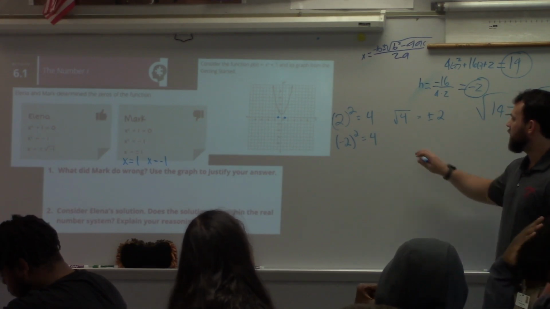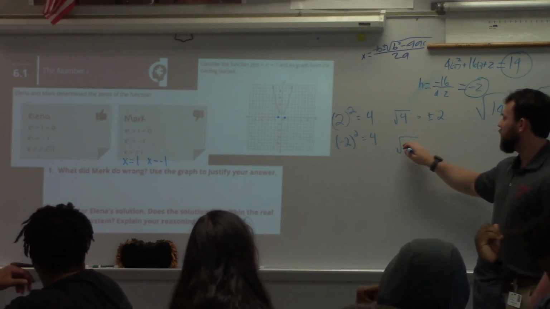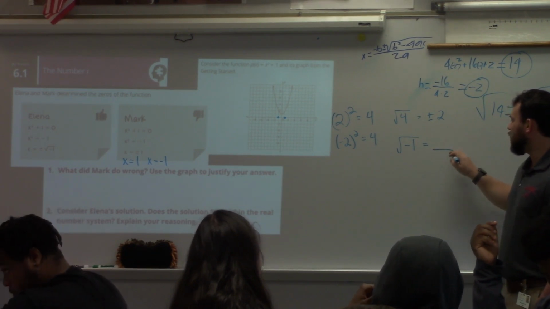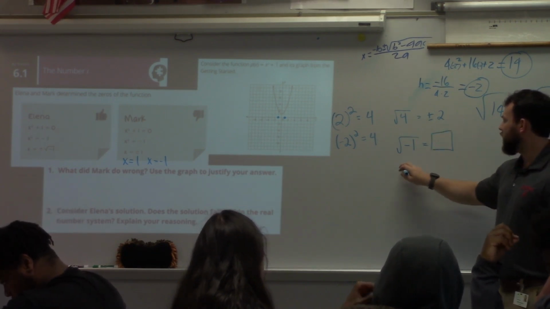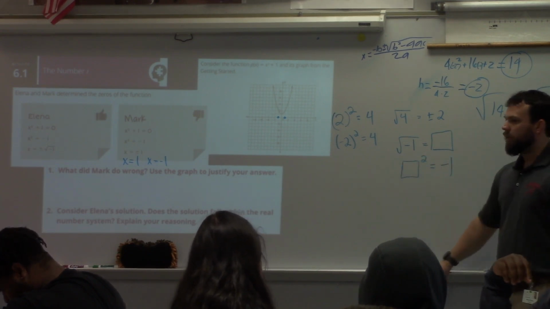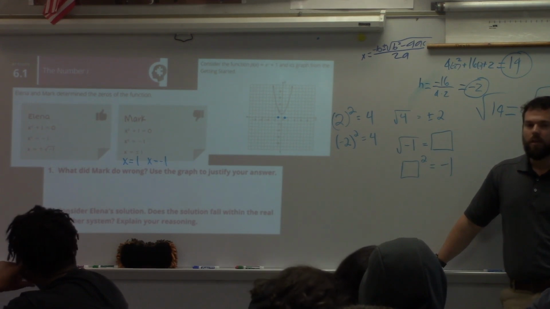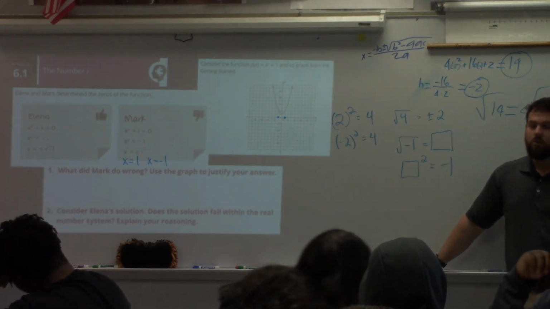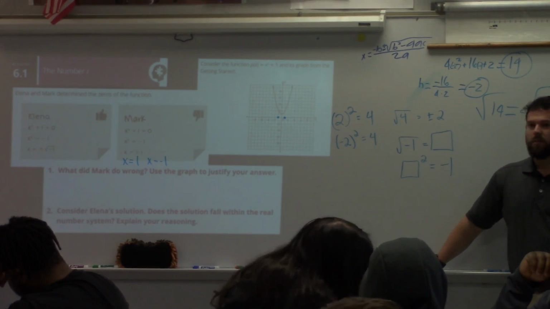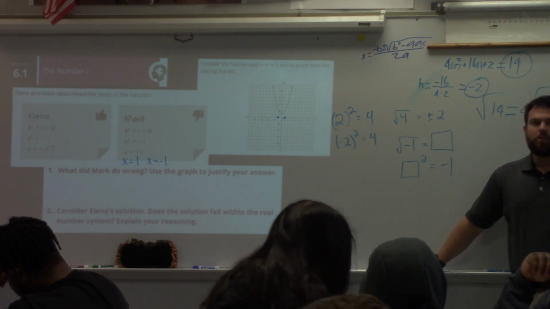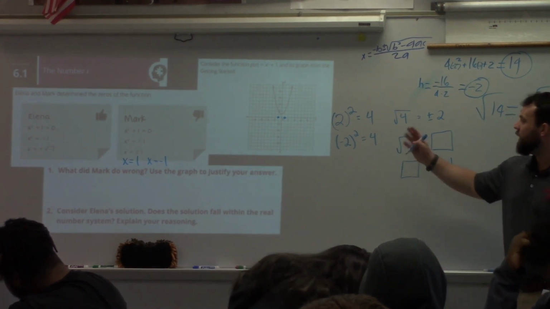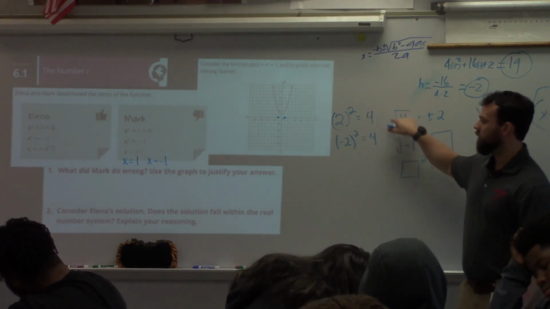So, to say that we have the square root of a negative 1, and we want to know what does that equal, what we're implying is that something squared is equal to negative 1. What number have you studied that when you square it gives you a negative? We haven't. All of the real numbers, every positive number, every negative number you've ever studied, when it is squared gives you a positive.